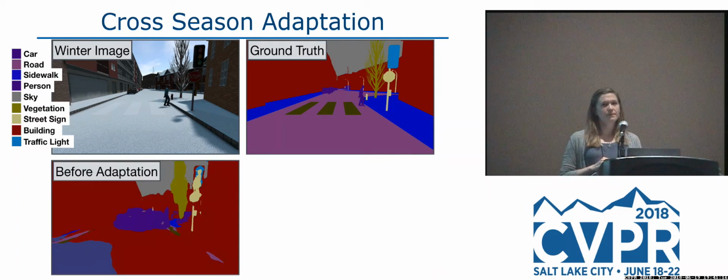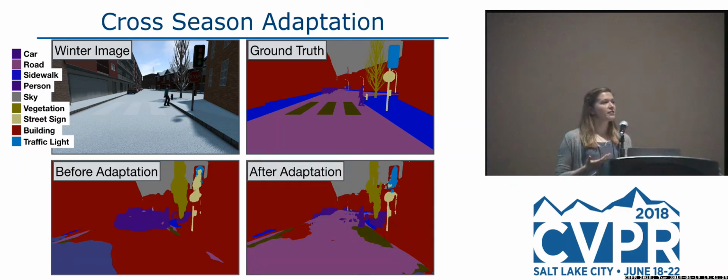Before adaptation, not surprisingly, there's a whole lot of confusion on the parts of the image that are covered in snow. In particular, the road is confused with a building. But after you do these adaptation techniques, you start to be able to recognize the road more consistently, as well as a little bit of the sidewalk in this example. And this is something that we saw systematically over the dataset.